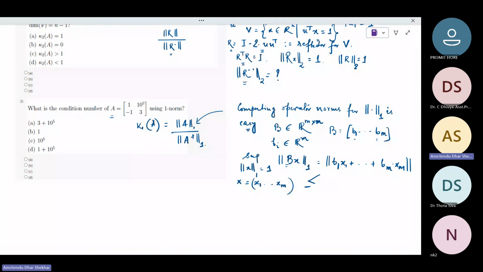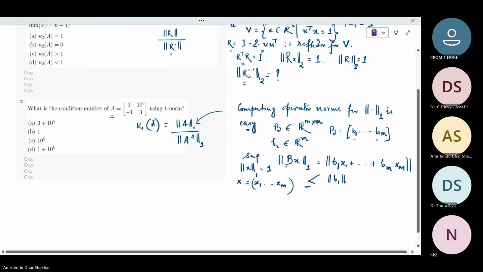This itself is upper bounded by the one norm of b1 times the absolute value of x1, plus up to the one norm of bm times the absolute value of xm.